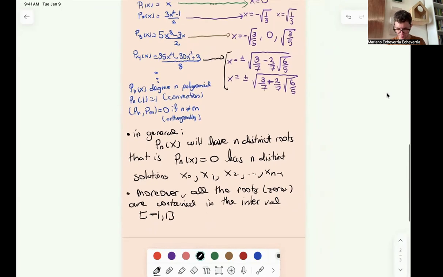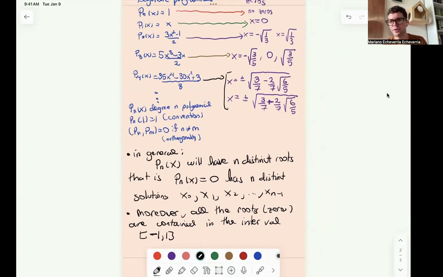Let me stop here for a second. I'll show you some animations with the roots so that you see how they're distributed on the interval. But is that okay so far? Is that making sense? Questions up to this point?